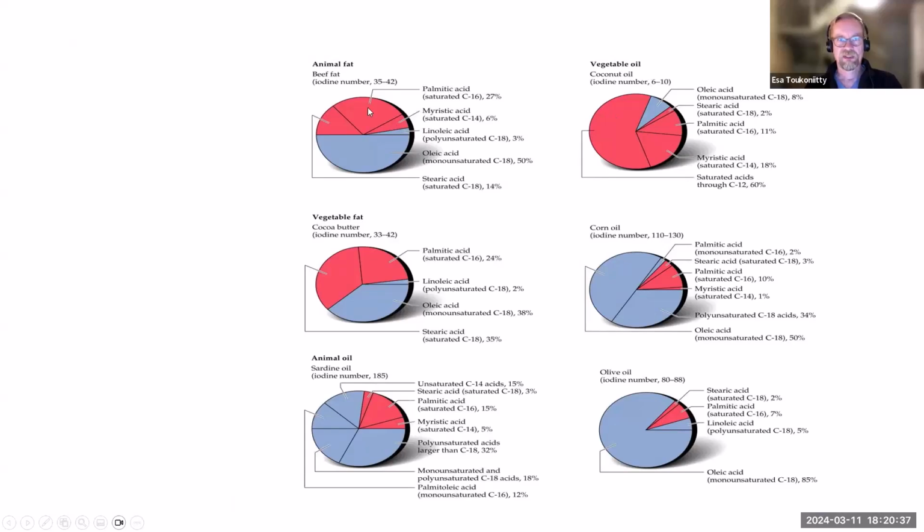Here is again an example of real life fats and oils.